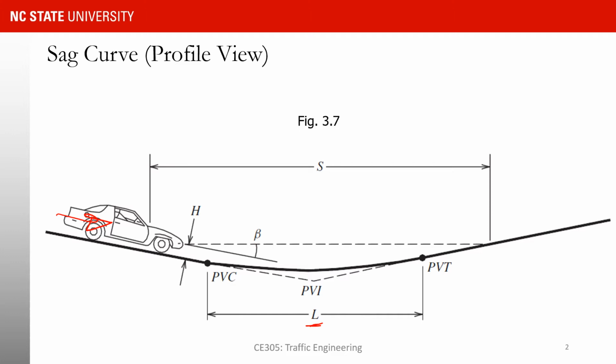So assume that the headlights are at height h, and beta is the angle between the beam of light that comes from your car and the horizontal plane when your car is on a level grade. So that's beta, assume.